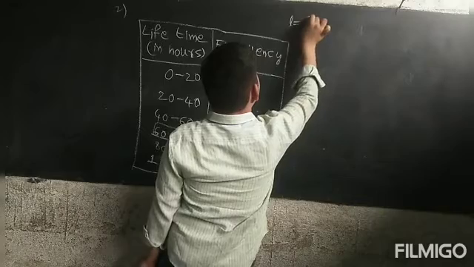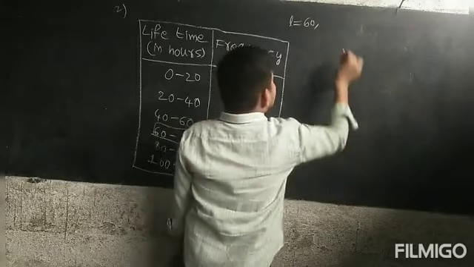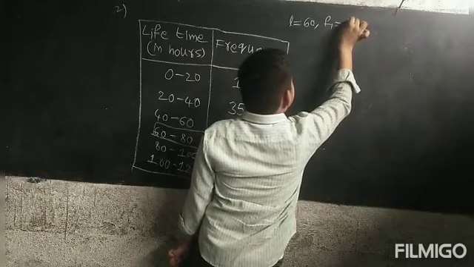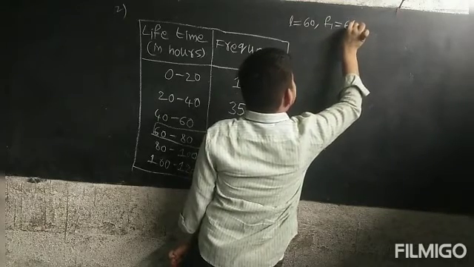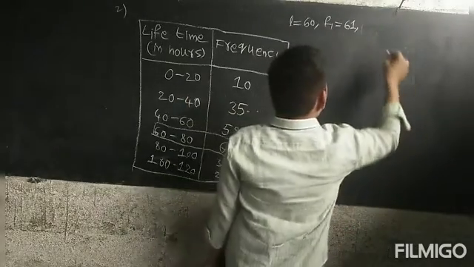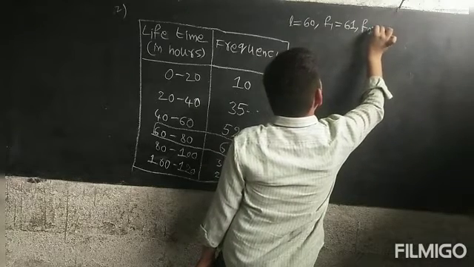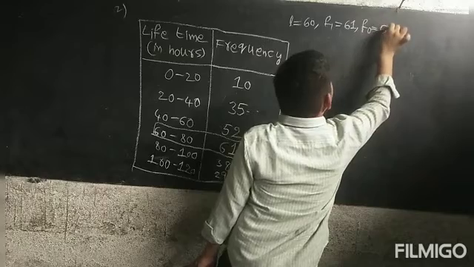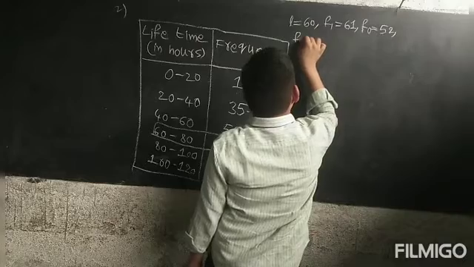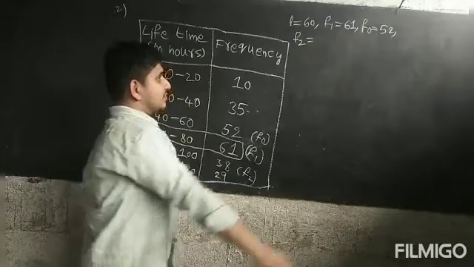F1 equal to 61, F0 equal to 52, F2 equal to 38.